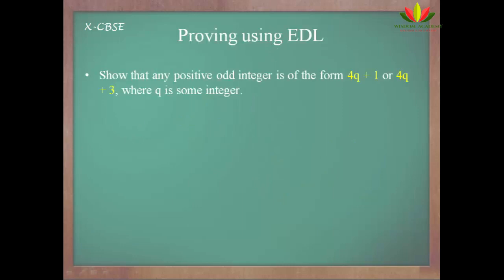Okay, so this is a very important sum, very important sum. These kinds of proving sums will come from Euclid's division lemma. So what they told is, show that any positive odd integer is in the form of 4q plus 1 or 4q plus 3.